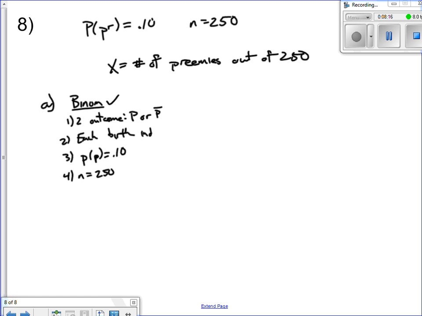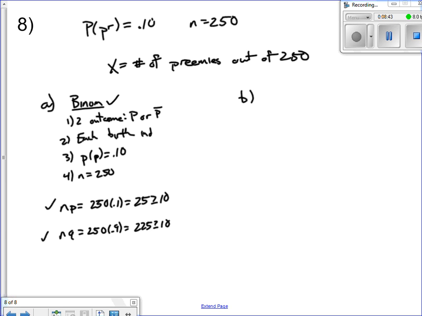So it is binomial. And then the other 2 things we need to check. 250 times 0.1 is 25, greater than or equal to 10. And q, 250 times 0.9 is 225, also greater than or equal to 10. So all 3 stipulations are met for a normal approximation. That's how we justified our answer.